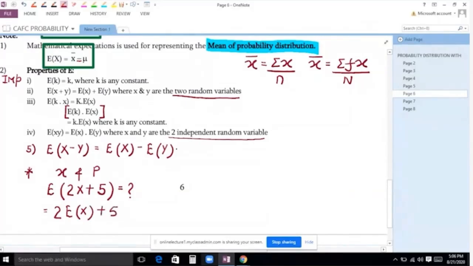But what about E of X? E of X कहाँ है तुम लोग के पास में? तो पहले बेटा तुम लोग को क्या करना चाहिए था? E of X फाइंड करना चाहिए था.